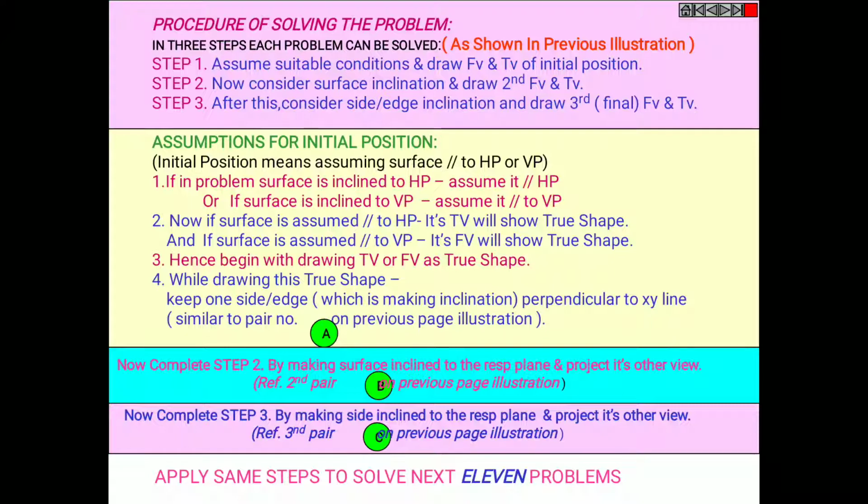Now complete step 2 by making surface inclination to the respective plane and project its other view with reference to the second pair, B, on the previous page of your illustration. And now complete step 3 by making side inclination to the respective plane and project its other view with reference to the third pair, C, on the previous page of your illustration.